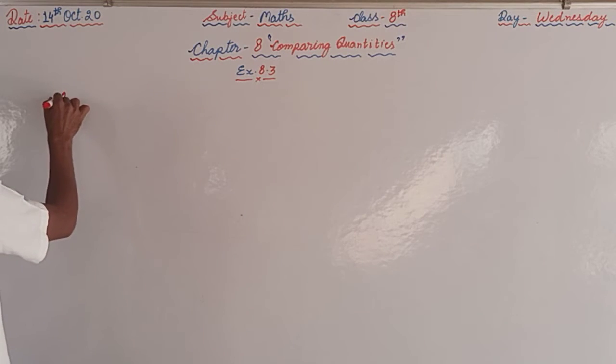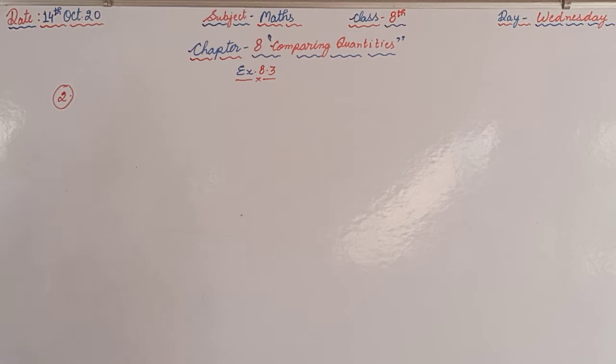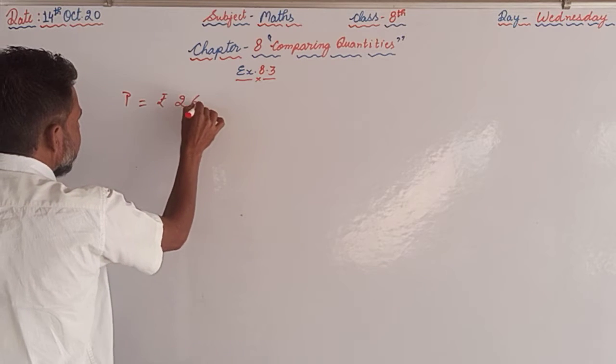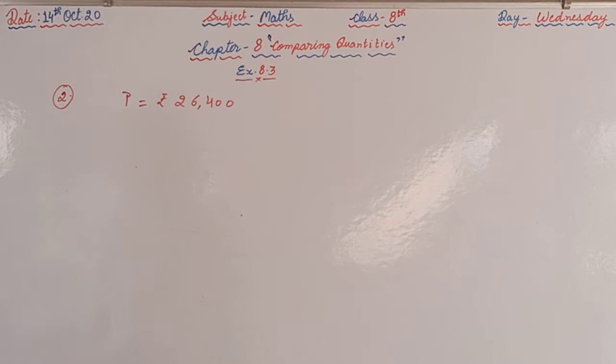So question number 2. Kamla borrowed rupees 26,400, means the principal is rupees 26,400, to buy a scooter at 15% per annum.